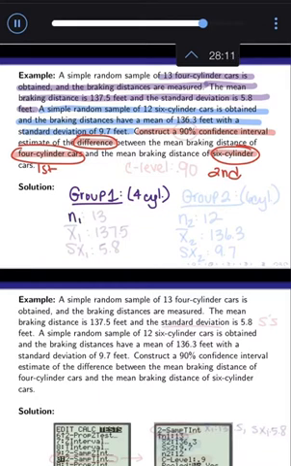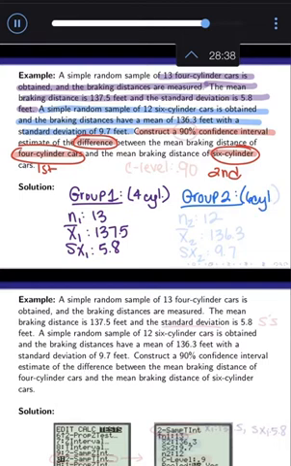We know that the sample size is, just like before, 13. The mean of that sample is 137.5. The standard deviation for that sample is 5.8. Then we had our second group, the 6 cylinders, group 2.